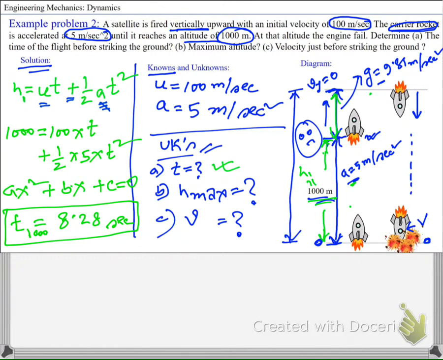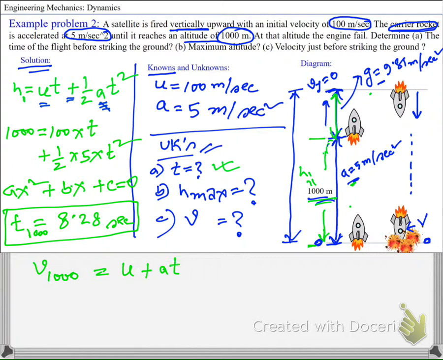So we know that we had the initial velocity of 100 meter per second here at the ground. Due to acceleration, we will have a different velocity when we reach 1,000 meter here. So what is the final velocity at 1,000 meter? Well, that's simple. We can use the equation v equals u plus at.